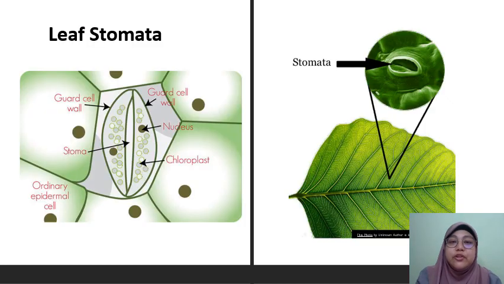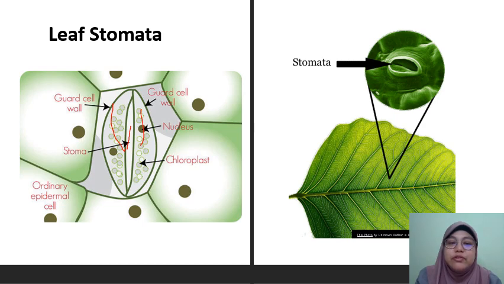Leaf surfaces are dotted with millions of stomata. So stoma, the plural is stomata, and sometimes people call it stomate also. So it's a pore found in the epidermis of leaves, stems, and other organs that controls the rate of gas exchange. So this pore is bordered by a pair of specialized parenchyma cells known as guard cells that are responsible for regulating the size of the stomata opening.